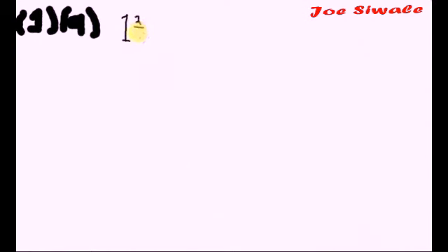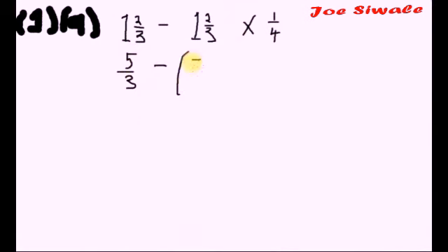So the first thing is to change mixed fractions into improper fractions. So 3 multiplied by 1 plus 2, that's 5 over 3, minus 3 multiplied by 1 plus 2, that's 5 over 3 multiplied by 1 over 4.